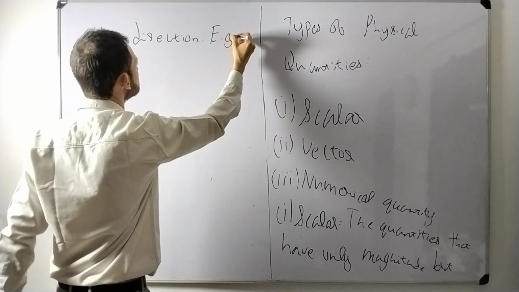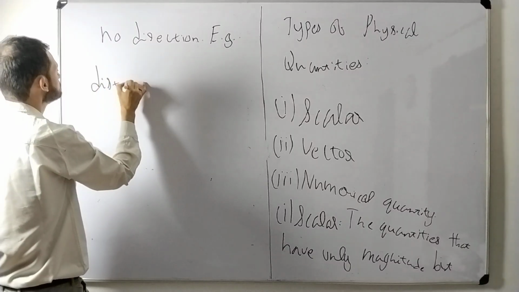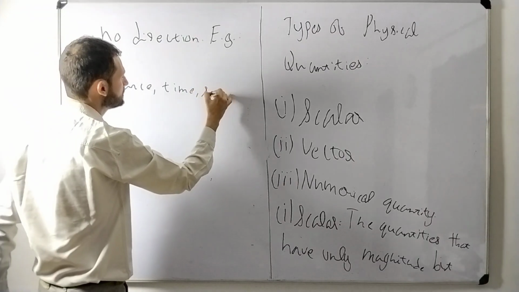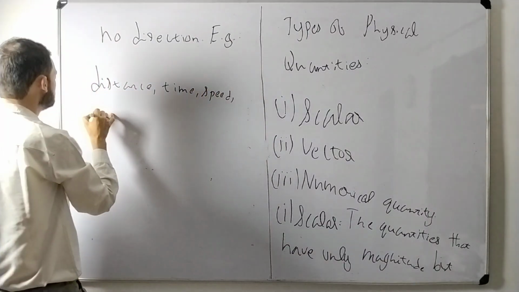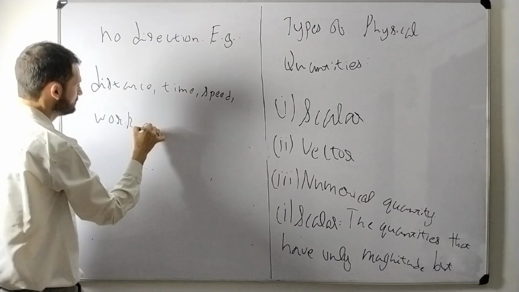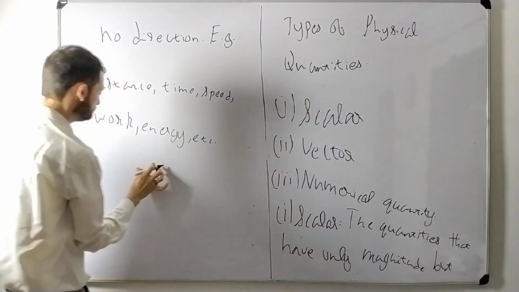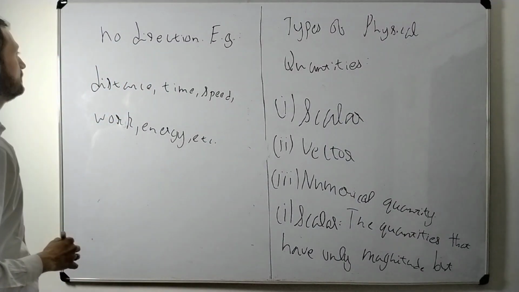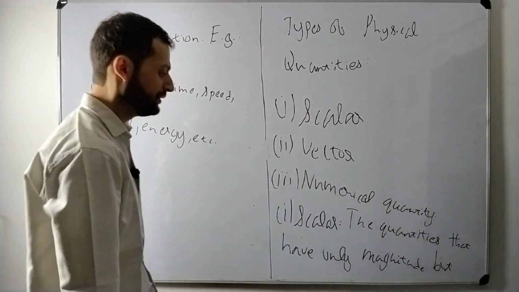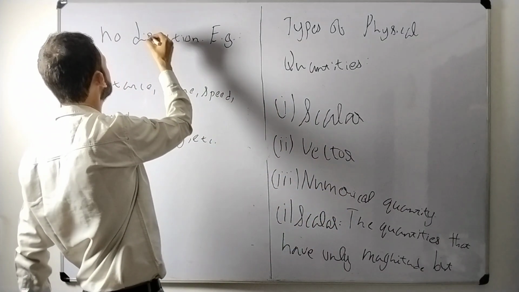Example: distance, time, speed, work, energy, etc. So you might be wondering, sir, why didn't you write only magnitude? It is important to write direction also. We will see why.